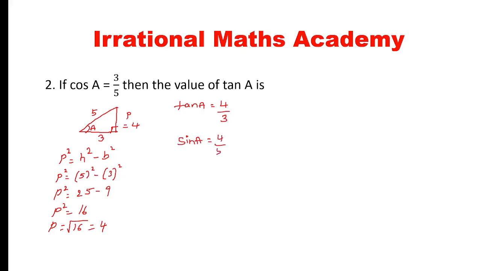Or if they ask cosecant, it is the reciprocal of sine, so 5 by 4. And secant, if they ask, reciprocal of cos, 5 by 3. Tan we got it. Cot is the reciprocal of tan. So 4 by 3 is tan, and cot is 3 by 4.